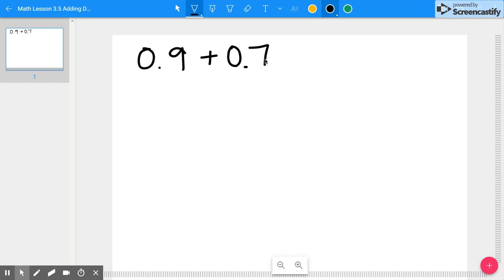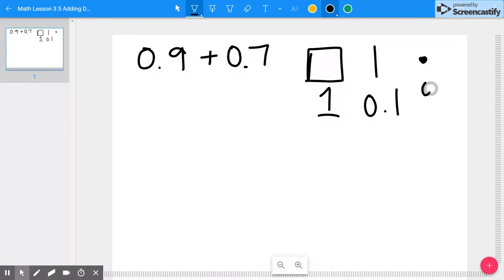So when we talk pictures for decimals, we represent a whole number by a flat or a square. We represent the numbers in the tenths place value by using a long or just a line. And any number in the hundredths place value, we represent with a cube, or I like to just kind of draw it as a dot.